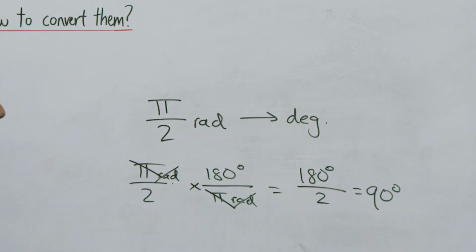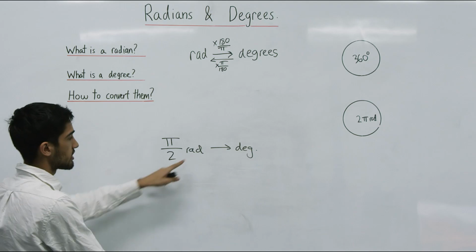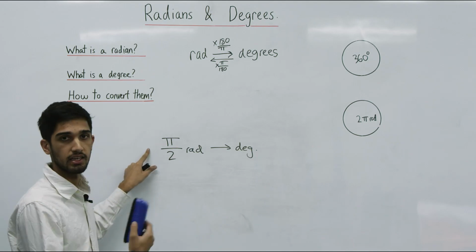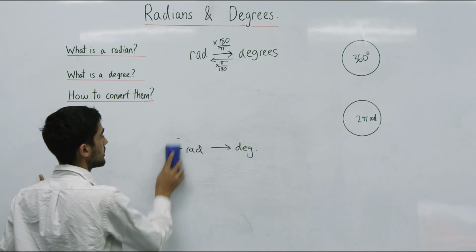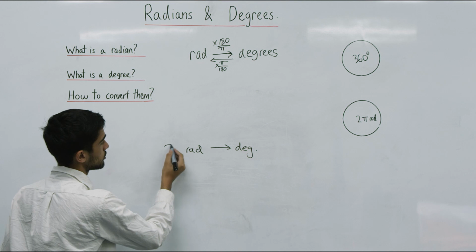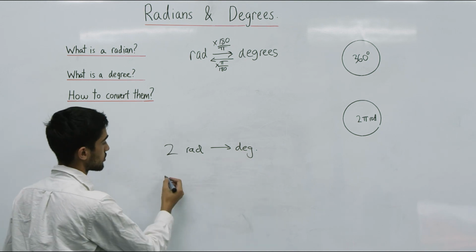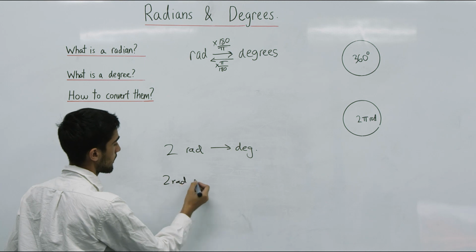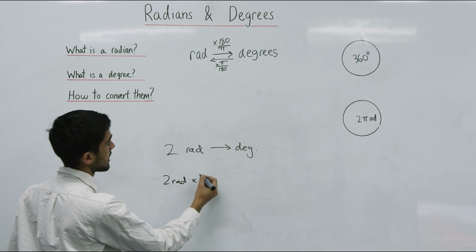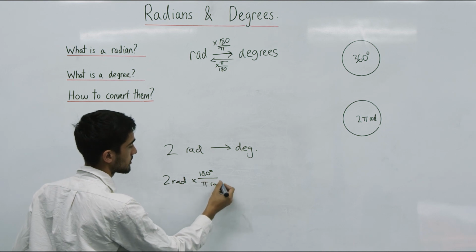So pi over 2 radians is equal to 90 degrees. Okay? Awesome. So another example, sometimes when you're given radians, you will not be given pi in terms of that number. So an example might be, how do we convert 2 radians to degrees? To convert 2 radians to degrees, we'll do 2 radians multiplied by 180 degrees over pi radians.